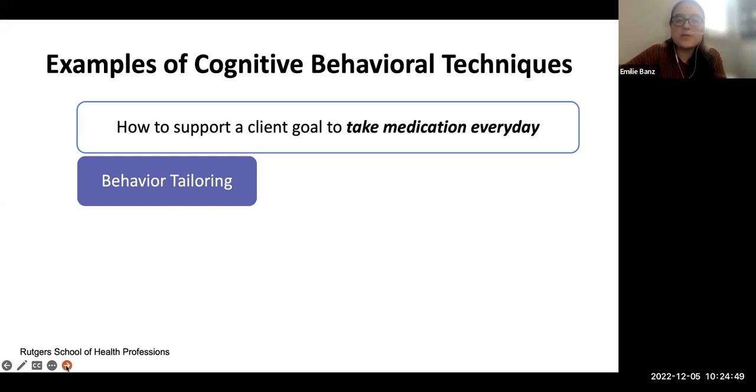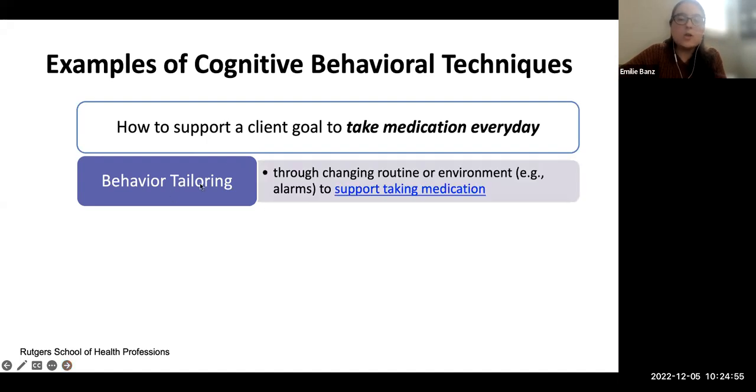So if you're thinking specifically about someone who is maybe working on a goal of taking medication every day, you can do behavior tailoring. And that's when you are looking specifically at changing their routine or their environment in order to support that skill. So I'm going to share this resource with you again. Let me just pull it up.